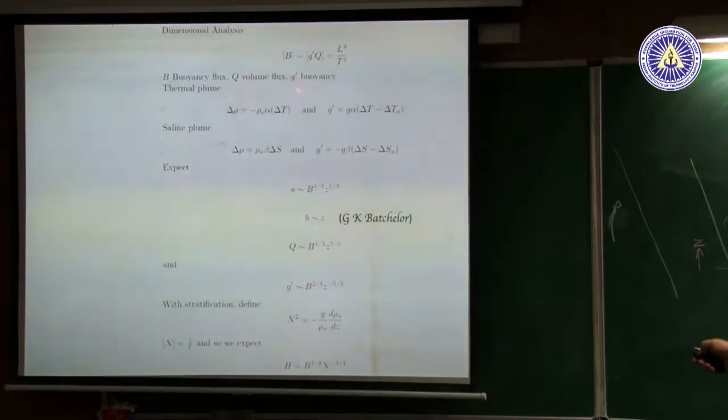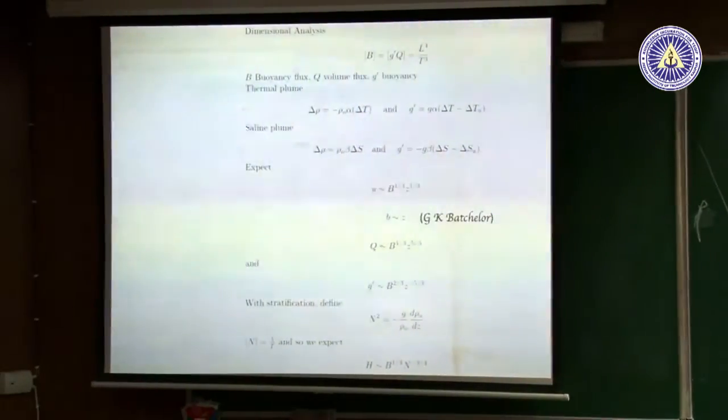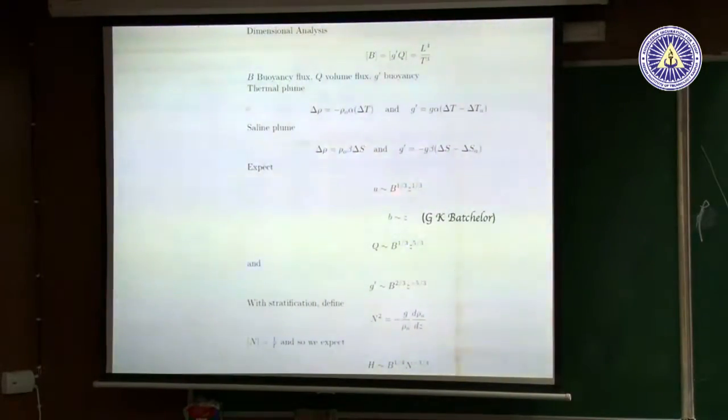Now, because of the dimensions here, the velocity, length and buoyancy flux, you think that the velocity, this is the incoming velocity, should go up with z and go up with B in the same way.